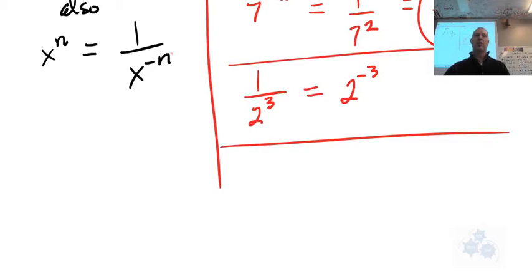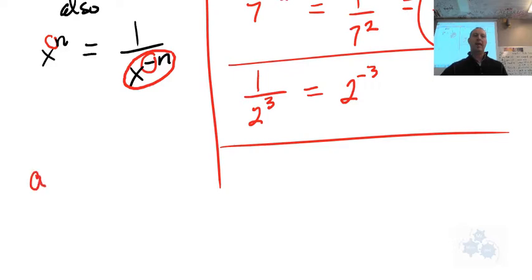Now, it's important to note that this negative part, or the sign on the exponent, only deals with the variable or the number that is immediately before it. So when we have something like this, watch this.